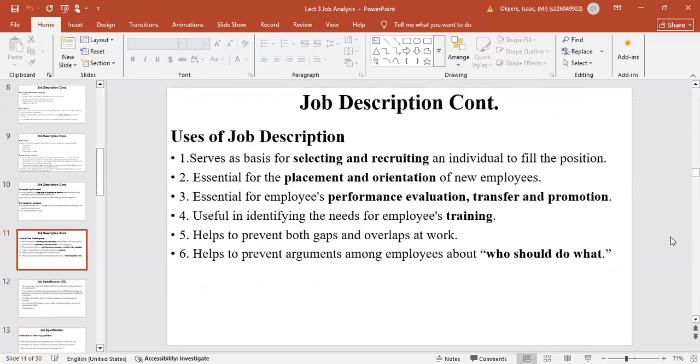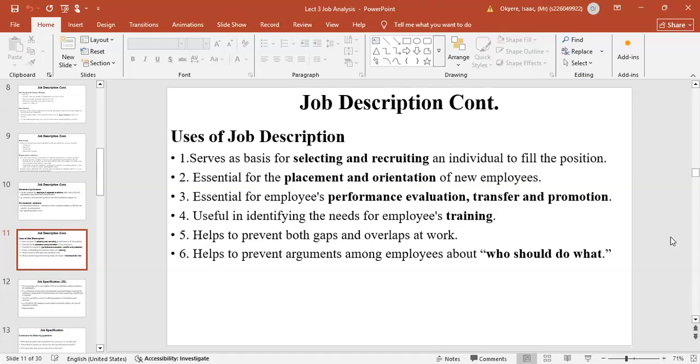Now, let's go to the uses of job descriptions. What are job descriptions used for? One, job descriptions are the basis for selecting and recruiting employees.